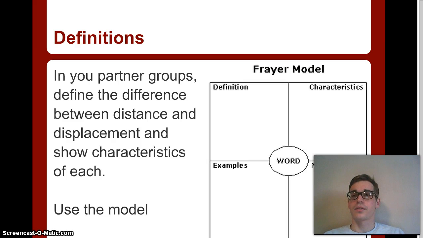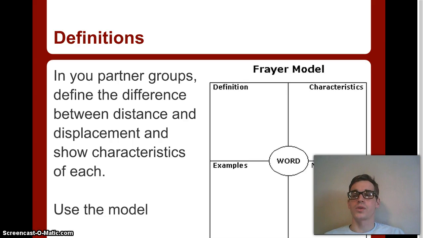Good. Yeah, that's very good. Exactly. So let's write all these down on the board. Distance is additive. It's an accumulation.